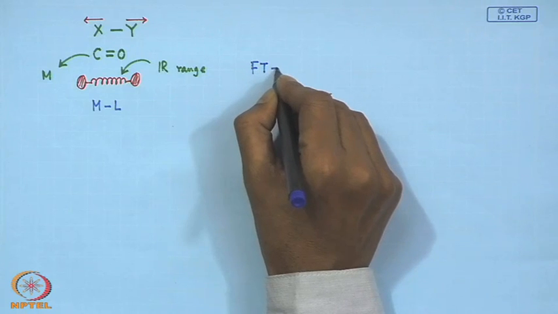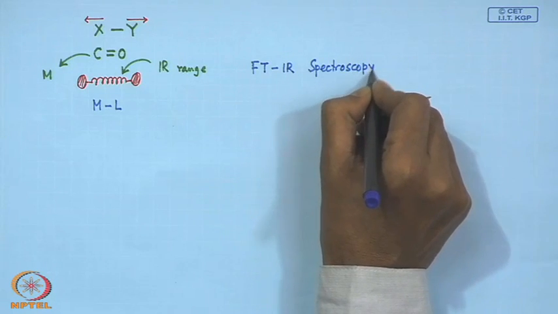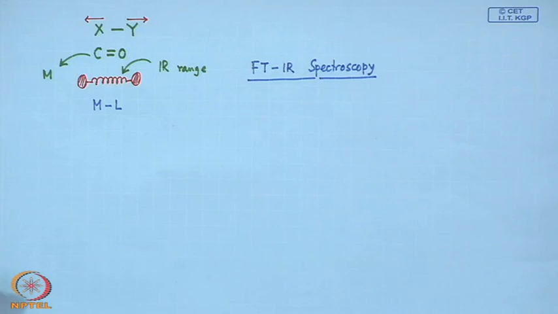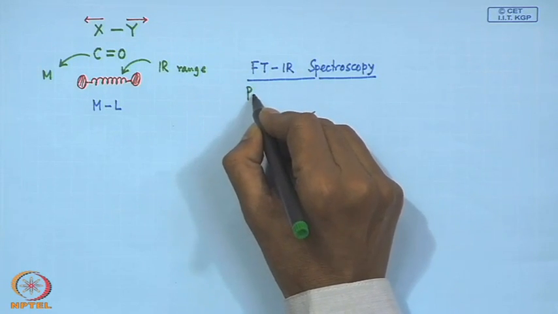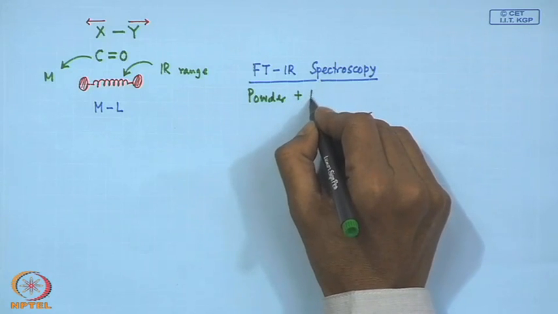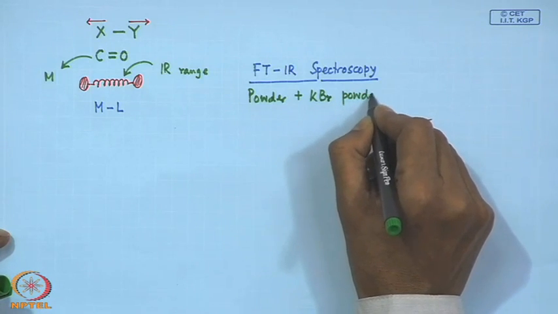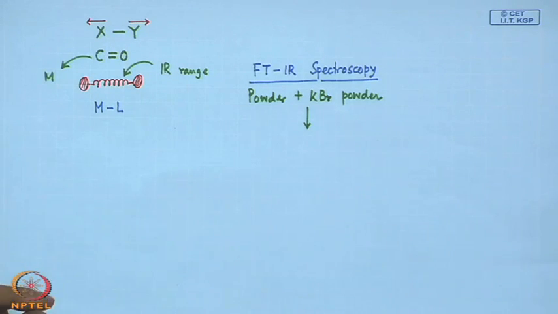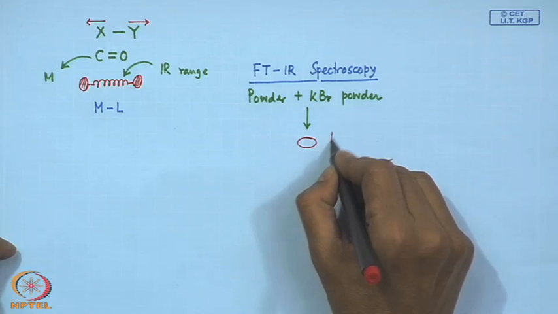So, FTIR spectroscopy is particularly useful when the sample can support the powdering or the mulling or the grinding with KBr, because in FTIR we take the powder sample mixed with a specific amount of potassium bromide powder and we mix it in a mortar and pestle, and then we go for the press and we make a disc shaped KBr pellet.